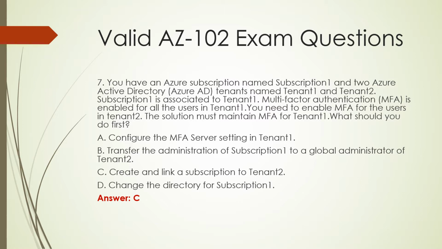A. Configure the MFA server setting in Tenant1. B. Transfer the administration of Subscription1 to a global administrator of Tenant2. C. Create and link a subscription to Tenant2. D. Change the directory for Subscription1. Answer, C.